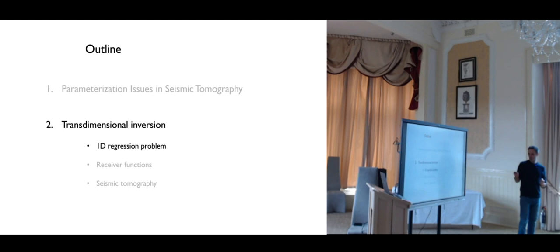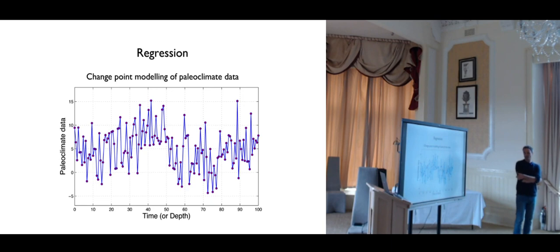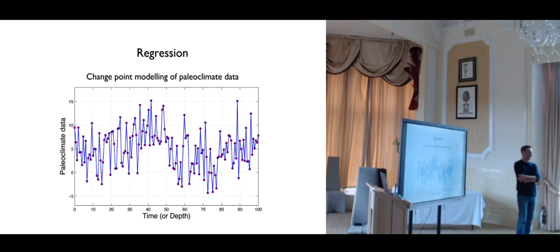And so the example I'd like to use is a regression problem, where we try to model paleoclimate data. So this is all synthetic. It's synthetic, but it's numerical, and the inversion is going to be from real calculations.